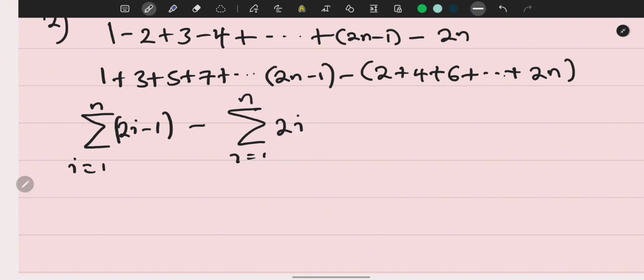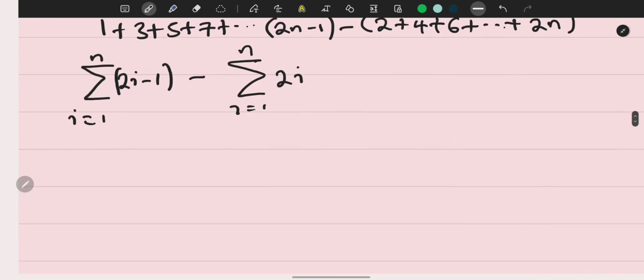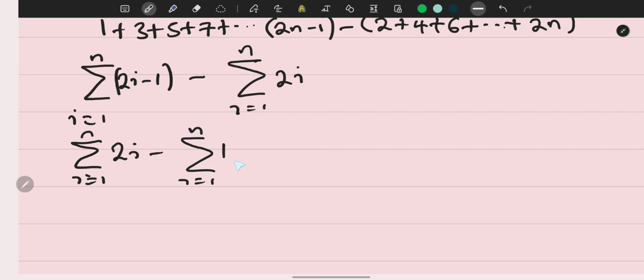All you need to do is to consider the last term of each of the series. Now we can split this, and this can be written as the summation i from 1 to n of 2i minus the summation i from 1 to n of 1, then minus the summation i equals 1 to n of 2i.